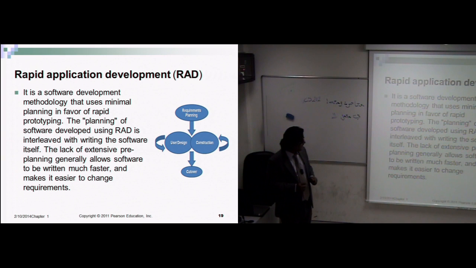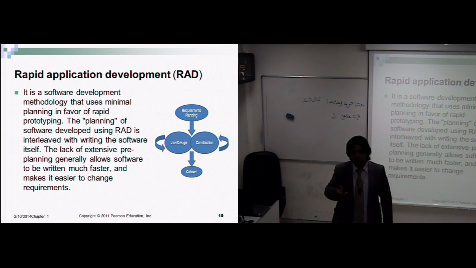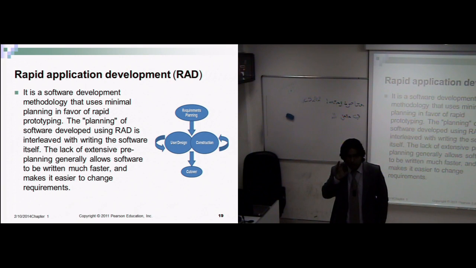So the lack of extensive pre-planning generally allows the software to be written much faster and makes it easier to change the requirements. It's very simple. Let's say you go to some market, and you know what your need is, but you do not know what is required to fulfill that need, what the suitable tool is that can fulfill your purpose.